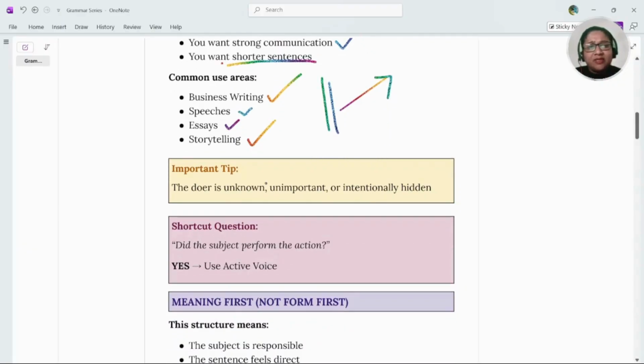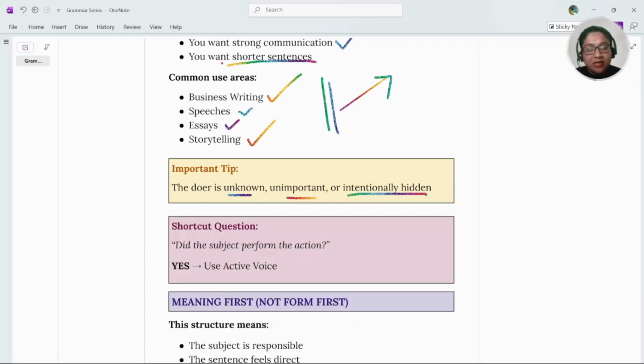An important tip to understand here, again I give you this gist of revision in between: if the doer is unknown, or unimportant, or intentionally hidden, then it is not active voice. Please remember this, guys.